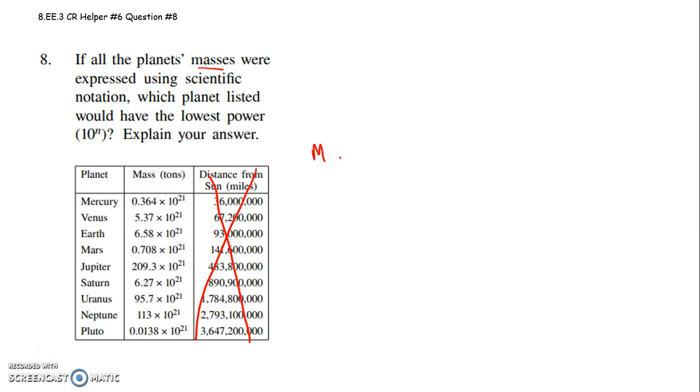So if you have Mercury, and it's 0.364 times 10 to the 21st power. I hope you agree that if you wanted to rewrite this in scientific notation, you'd have to move that decimal point one place to the right.